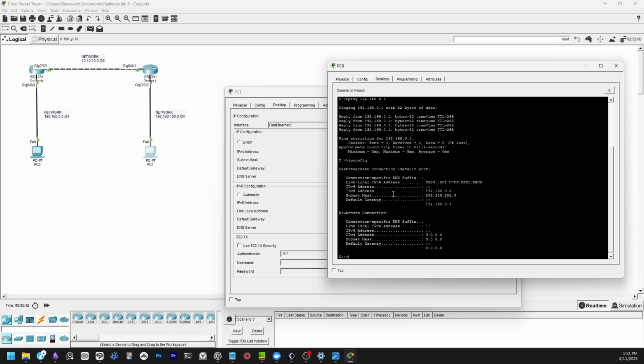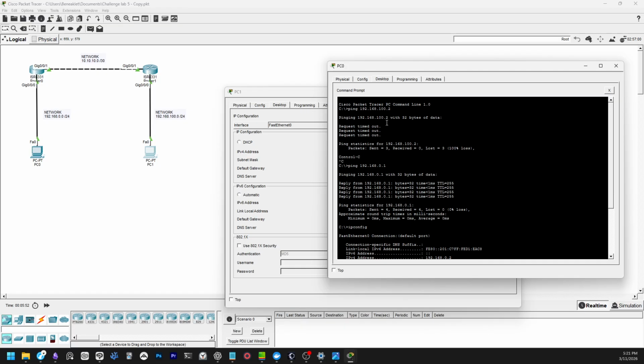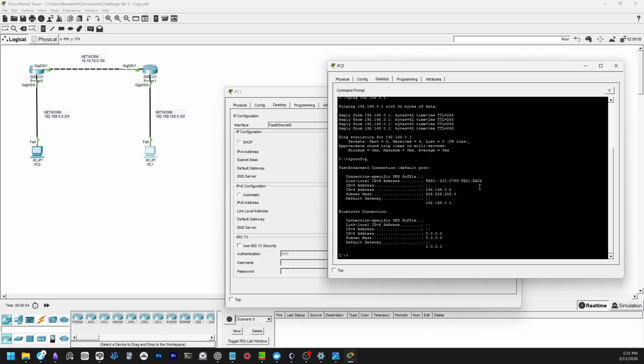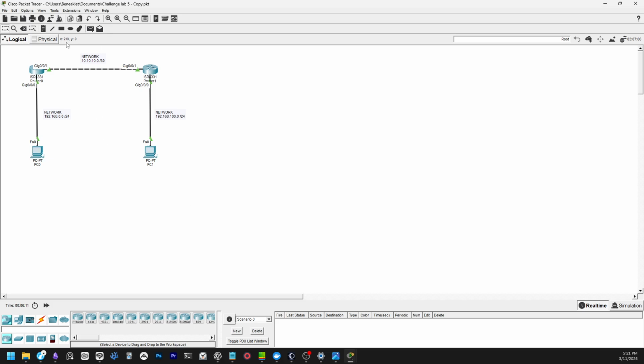This is the same thing for the other PC, because this right here is all Windows, while this one is its own Cisco device. So now this can communicate to that. Both of these are set up, so we're going to mark this down.